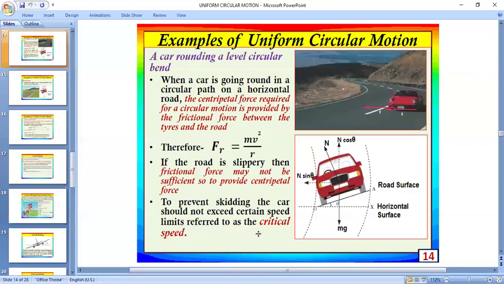So you say that this is the maximum speed beyond which a vehicle skids when moving in a circle.